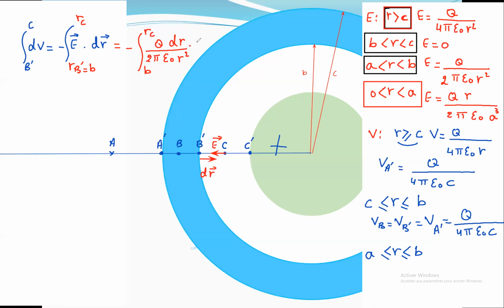So we have to write cosine pi. Okay. VC minus VB prime equals, cosine pi equals minus 1, times minus 1 equals plus.